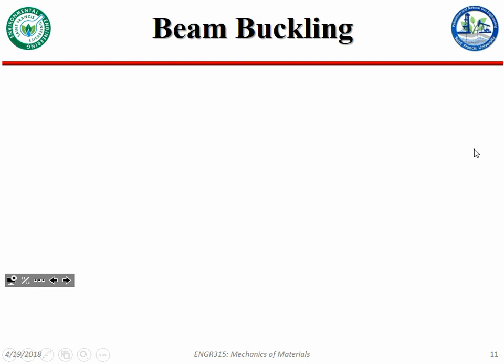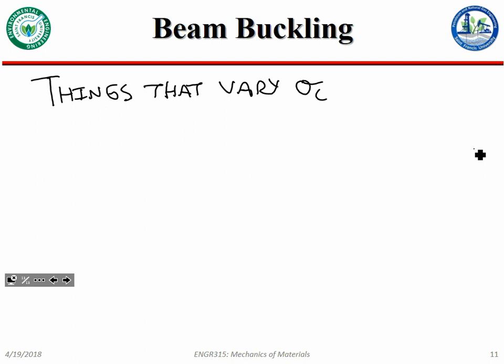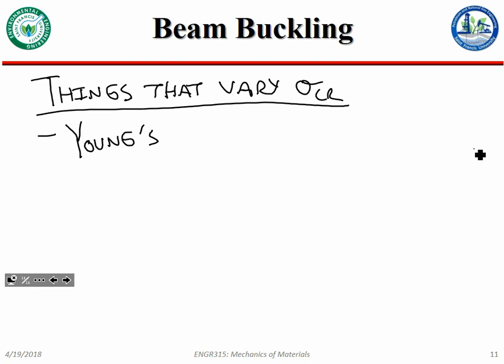What the object is. What do you mean? Okay. So on a list of things that vary your critical stress, you have Young's modulus, and that came out of the equation.